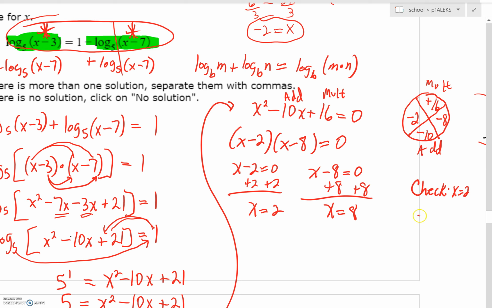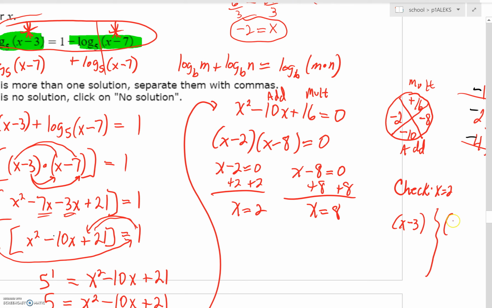I'm going to have to check what's happening with x minus 3. I'm also going to have to check what's happening with x minus 5, or x minus 7, pardon me. And when we plug in this 2 minus 3 is negative 1. That is a negative number. It fails. This is no good. X cannot equal 2 in this problem.